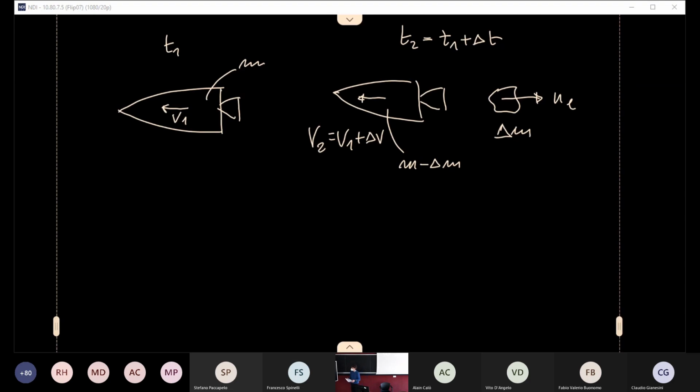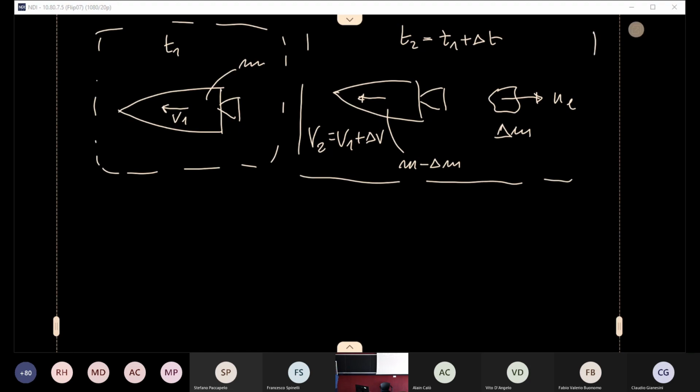If we consider that no other forces are acting on this system, as usual we make some ideal assumption. Between T1 and T2 we are considering no external forces, so the overall momentum does not change.